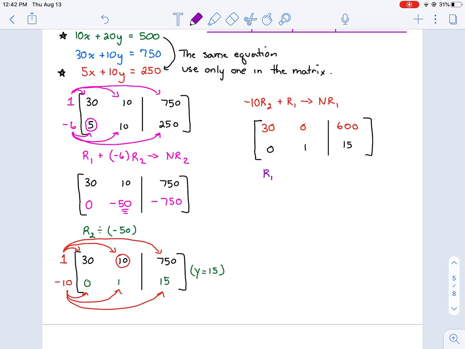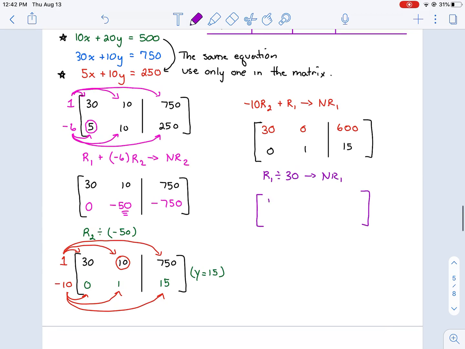And finally, we can take row 1 and divide it by 30, and that would be a new row 1. And that would be 1, 0, 20, 0, 1, 15.